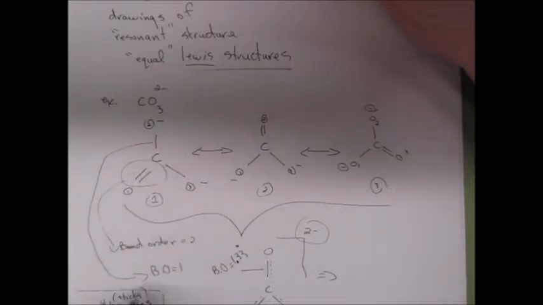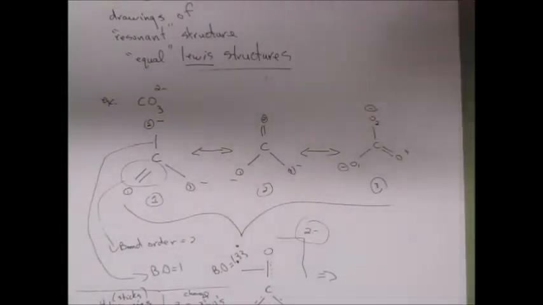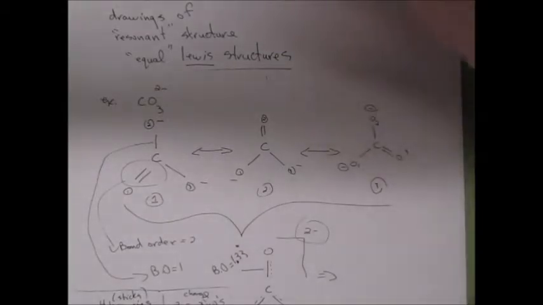There were 4 sticks. I could do the same thing with the charge. You've got 2 for 3 oxygens. So 2 charges gets divided by 3. Well, 2 divided by 3 is going to be 0.667 repeated.